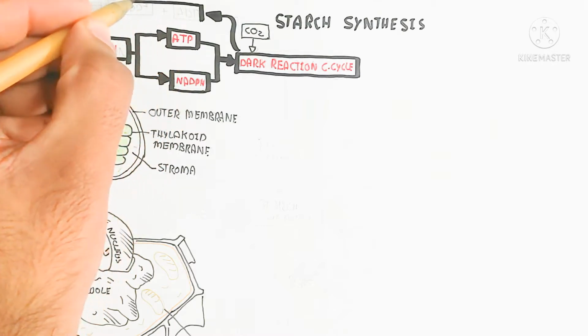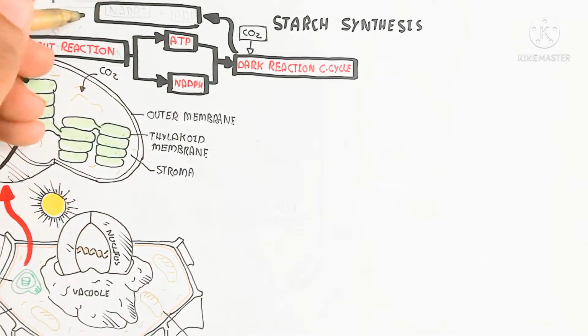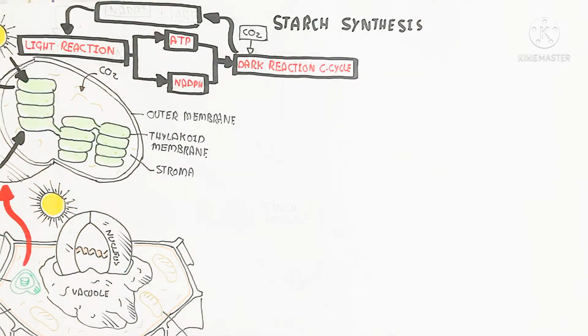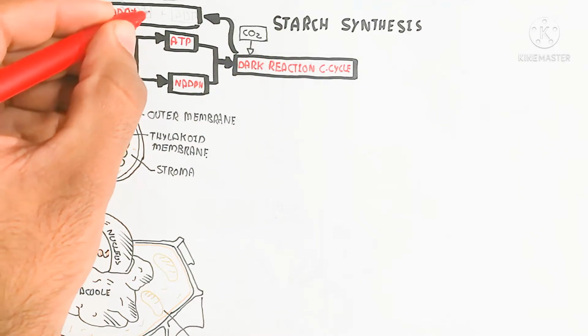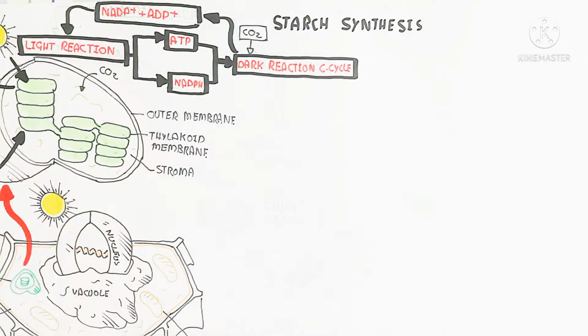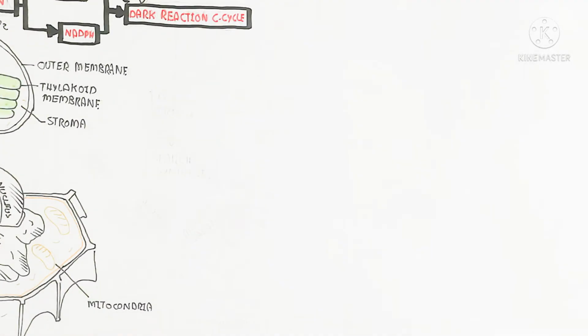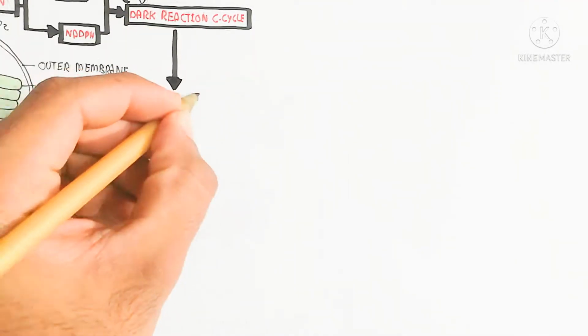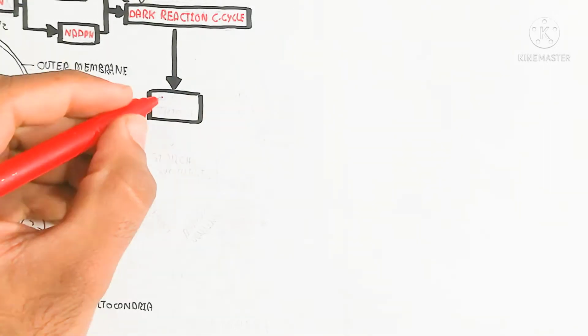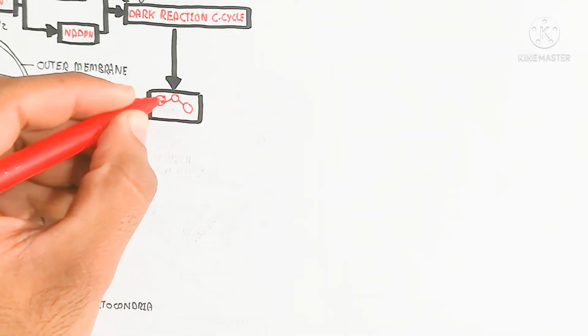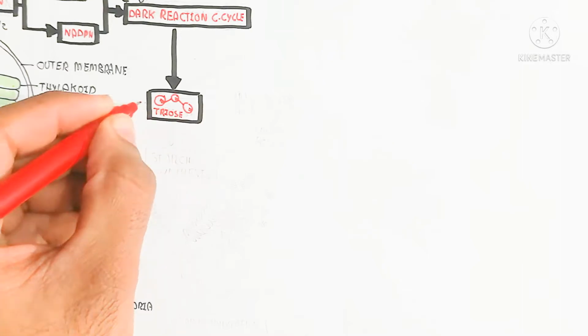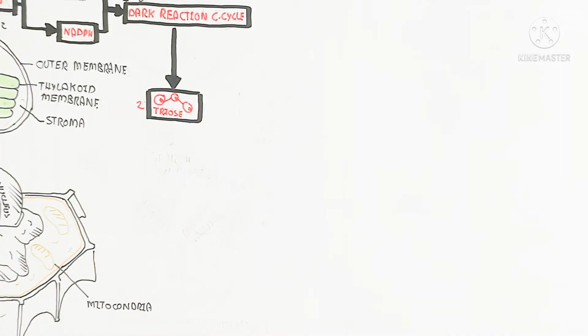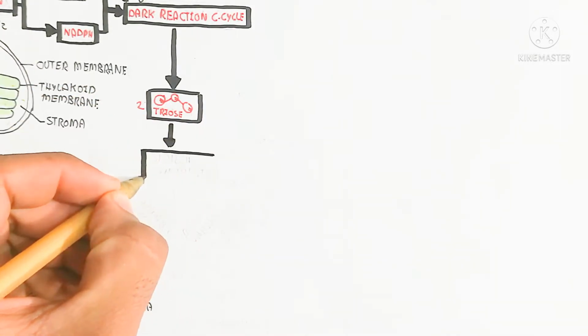After fixation of the carbon dioxide, reduction and regeneration occur and leave the triose. Triose means a three-carbon sugar, glyceraldehyde. Two molecules of glyceraldehyde combine to form one molecule of sugar, known as a pentose sugar or hexose sugar.